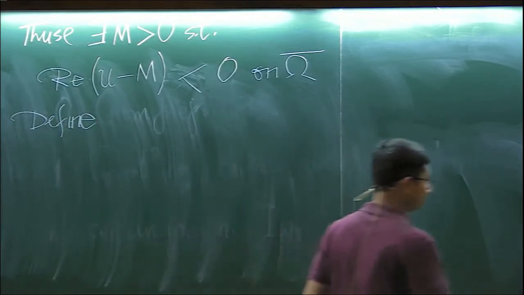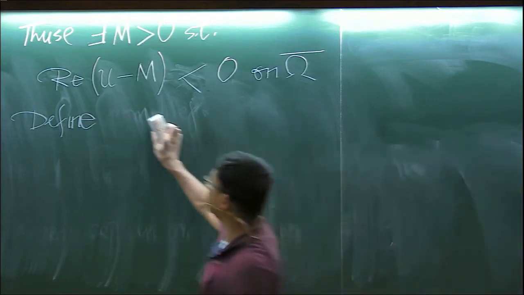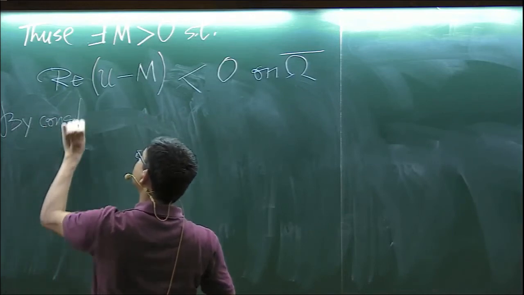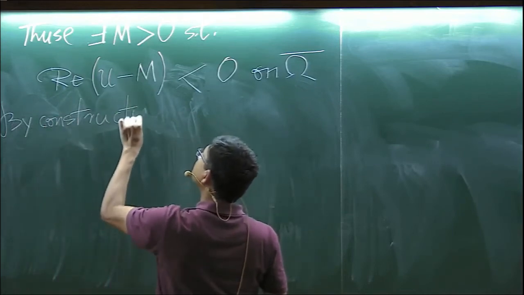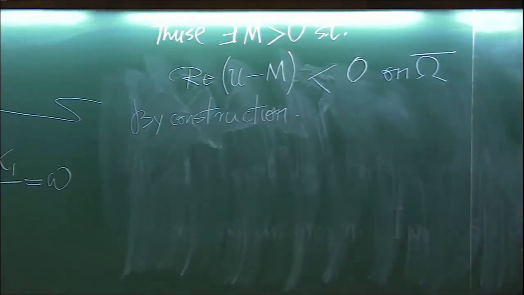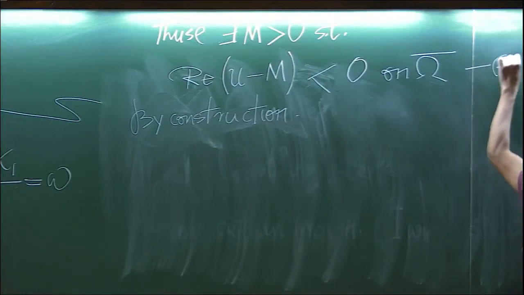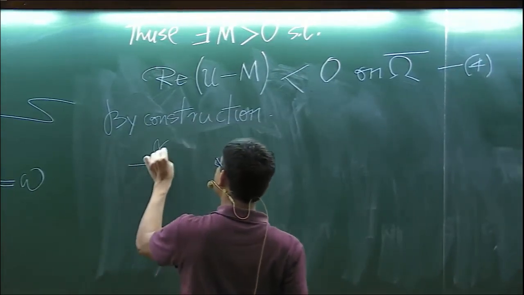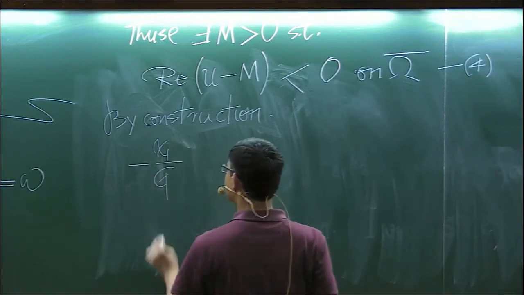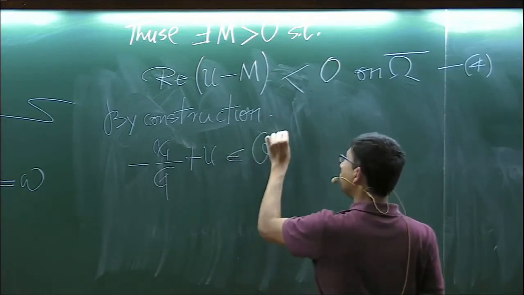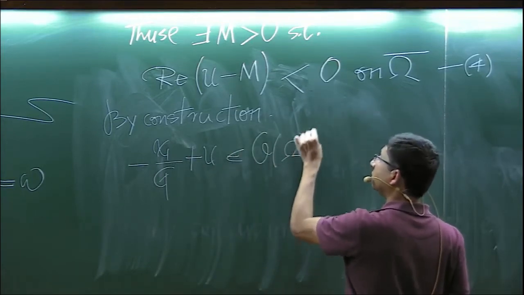So first note that, by construction, let's call this (4), this function minus chi1 of g plus u is holomorphic on omega star, right?